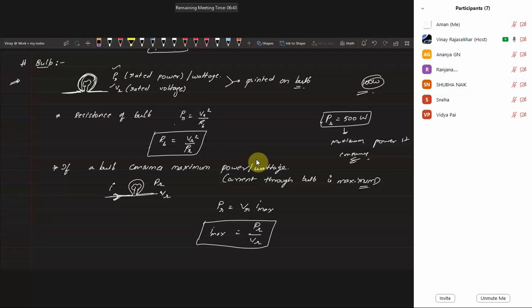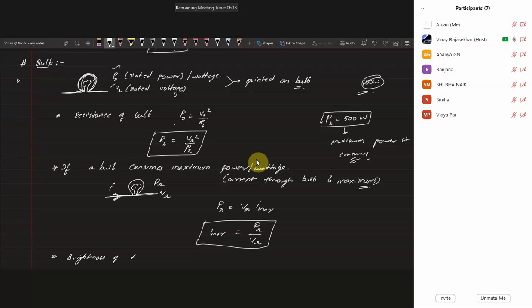So we calculated the current and we calculated the resistance of the bulb. Please remember this. If you're done with this, I'll give you an example problem. Based on that, you can understand clearly how to calculate the problems on bulb. Then I will tell you one more point. This is most important in the entire concept: the brightness of the bulb.